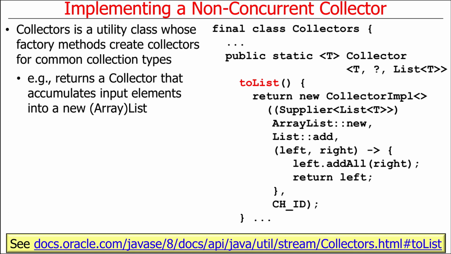So it's a constructor reference. The second thing it does is it has an add method that accumulates the next element in the stream into that ArrayList. Then it writes out a little lambda expression that basically combines things. And then it also has this static final field called CH_ID, which stands for characteristic identity finish, which means there is no need for a finisher method.